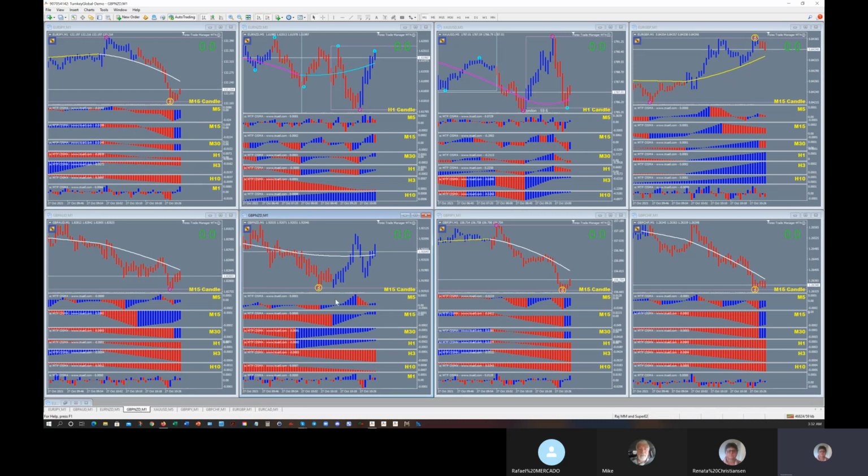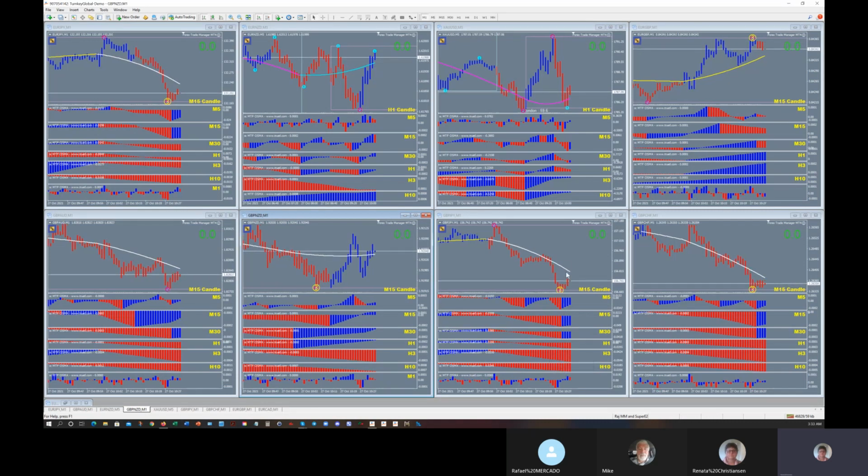This is set up for a short, but no signal. This one is set up for a short, no signal. I mean, I woke up right here. So Swissy, same thing. They're all finishing up their cycles. This is the long, we're starting down, and gold is a mess. It's trying to push up, or it's showing it down.